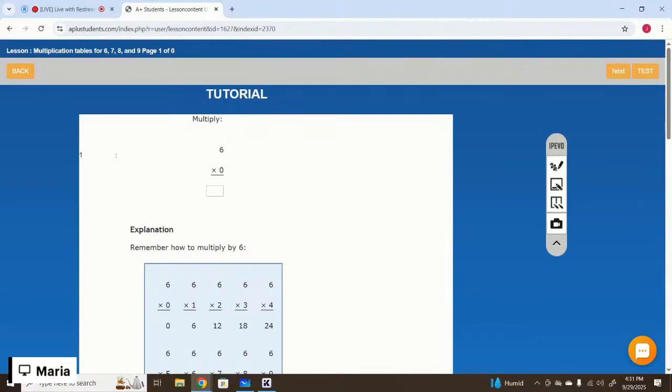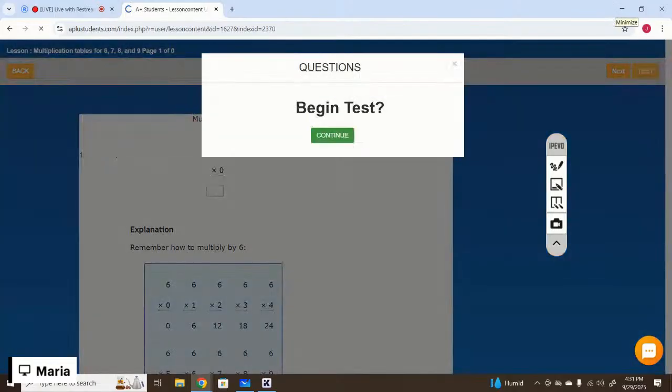Any number when multiplied by 0, answer is always a 0. So let's just start with the test questions.